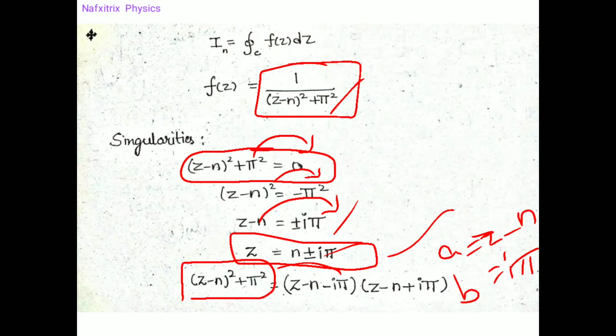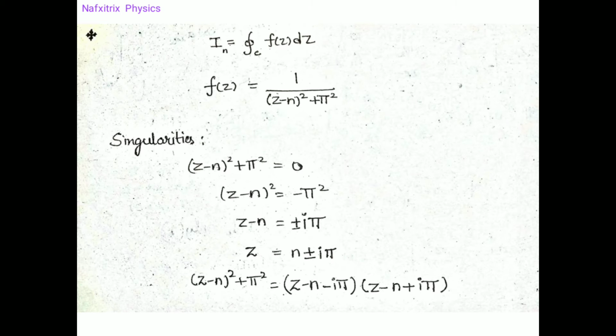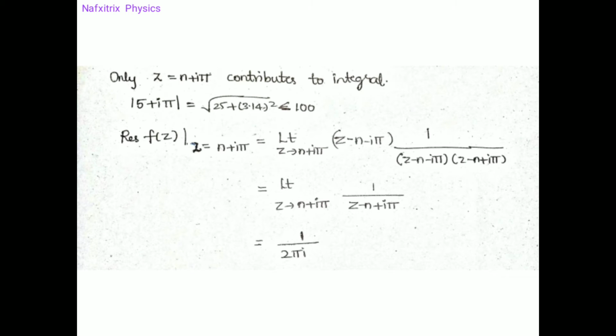If we do a square minus b square, we get (z minus n) whole square minus b square, that is minus (i pi) square, which is minus into minus plus, giving plus pi square. Next, only z equals n plus i pi contributes to the integral. So only z equals n plus i pi would contribute to the integral, but not all.